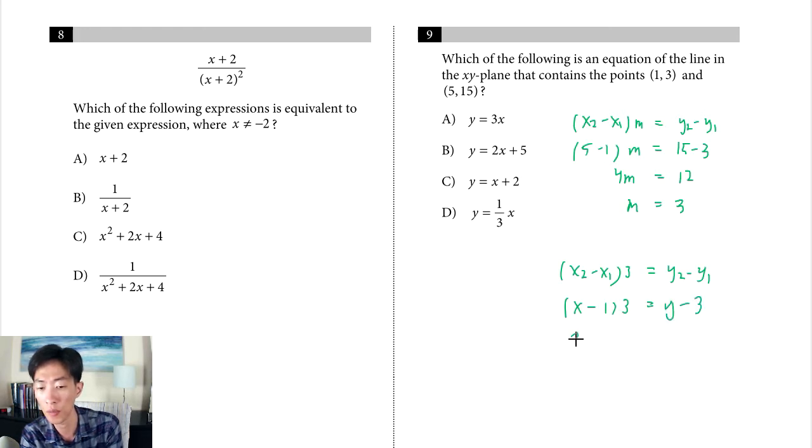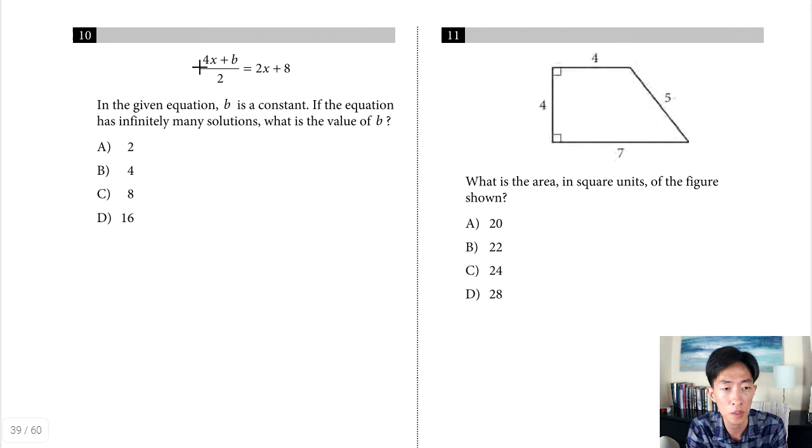So let's multiply this out. We have 3x minus 3 equals y minus 3. Add 3 to both sides, which means they cancel out, and so you get y equals 3x. And that was the real way to do it, and that shows that the answer is still A. Takes a little bit more time, but really just do whatever is fastest for you, and that's the best way to do it.